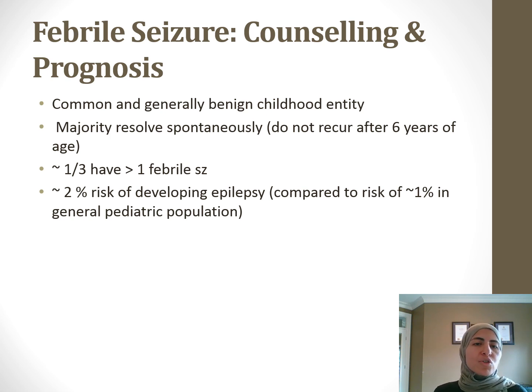And in about 2% of these cases, so 2 in 100 of these patients, you may have them develop epilepsy or unprovoked seizures. This, however, compares to a 1% risk in the general population, so it's not a huge difference in terms of absolute numbers. And I always remind parents that means that 98% of kids with febrile seizures will not develop epilepsy.